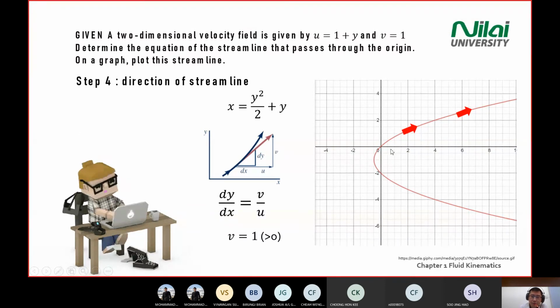So your streamline on this portion is following this direction, pointing up. Then you know that this streamline has a direction. So for the bottom one, you just add in the arrow here. Just follow the line to complete the presentation.